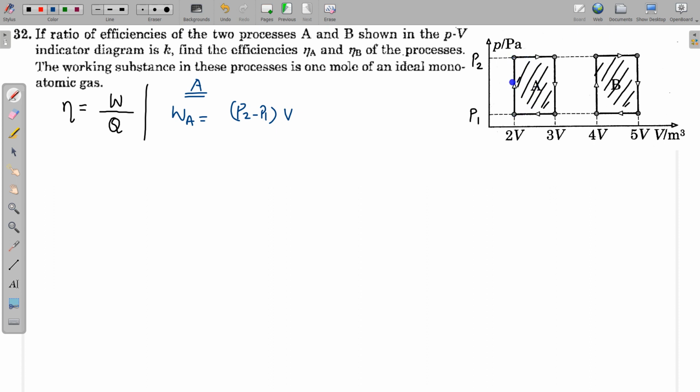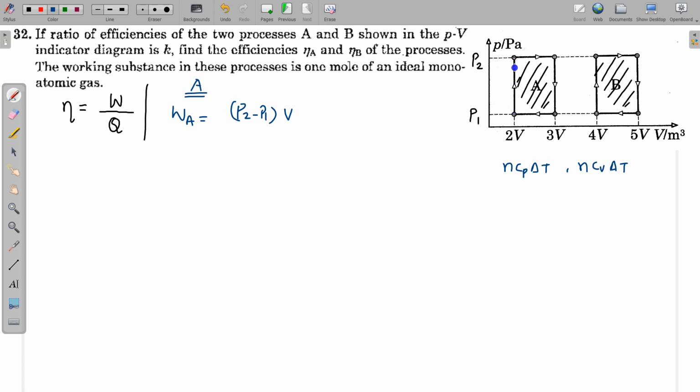In this process, volume is constant, pressure is increasing, that means temperature is increasing. And in isobaric and isochoric processes, heat exchanged can directly be written using the formulas nCp delta T for an isobaric process and nCv delta T for an isochoric process. So if temperature increases, heat is positive, that means heat is absorbed.